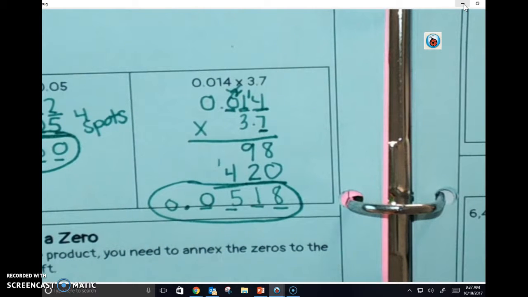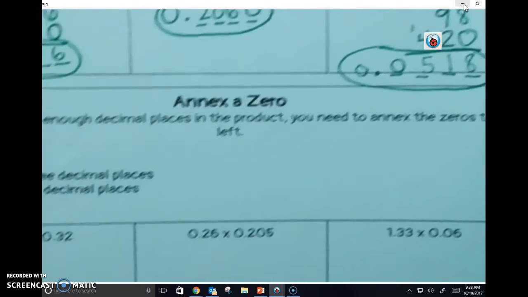Should one decimal line up with the other decimal? When you're multiplying, you're just going to multiply like the whole number. Down here, you remember how Tim and Moby kicked the decimal out? Down here it says add to, and we already kind of annexed right there, didn't we? Okay.